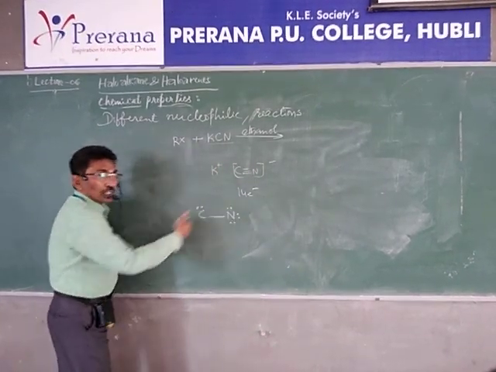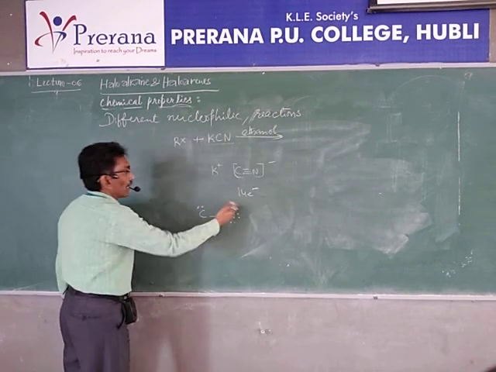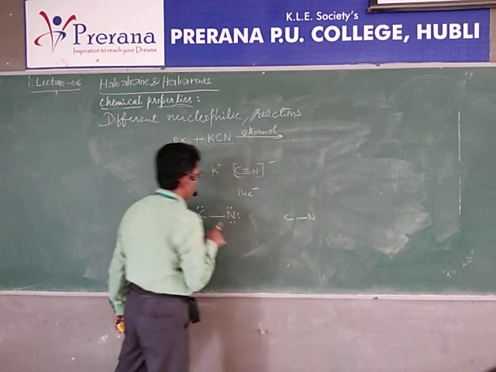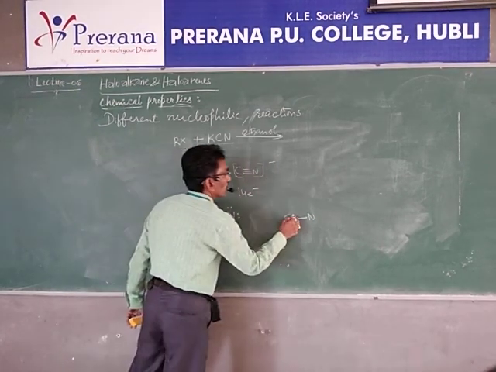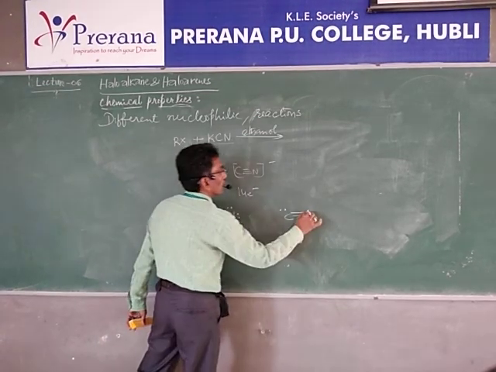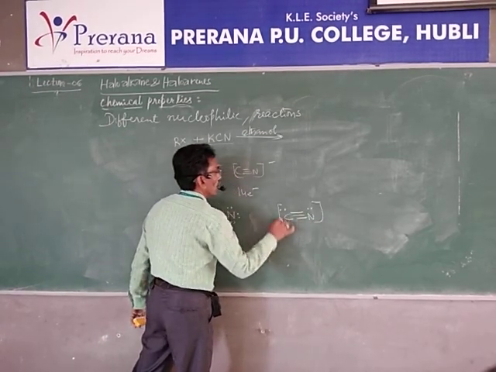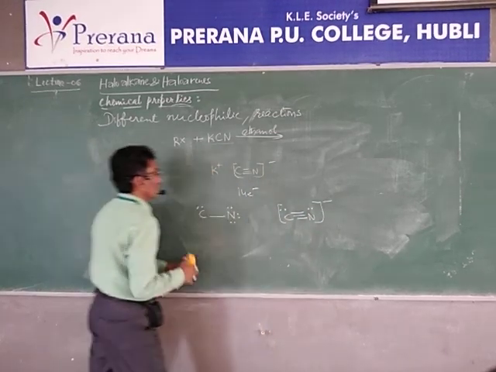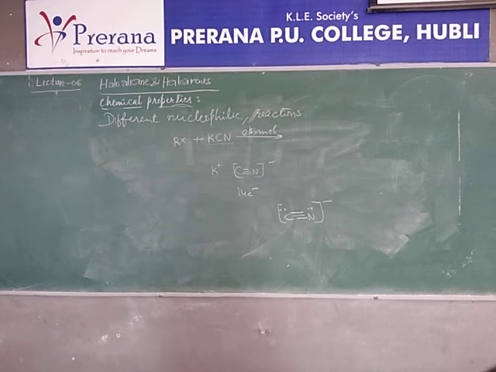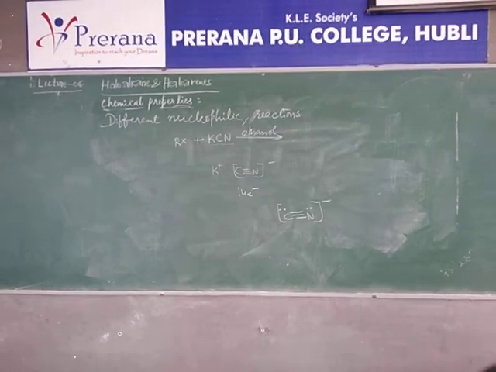Therefore, it is ready to share the lone pair electrons from the neighboring atom, and finally in CN, already 1 bond is there, 2 pairs are shared, then triple bond is formed. On carbon 1 electron pair, on nitrogen 1 electron pair, and this species possesses 1 unit of negative charge. Cyanide ion.